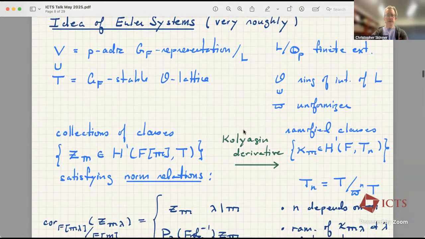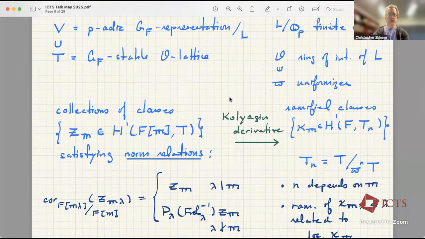Then an Euler system is a collection of classes z_m in the Galois cohomology of T, where the field is varying. So the field F(m) is supposed to be a ray class field of conductor m.